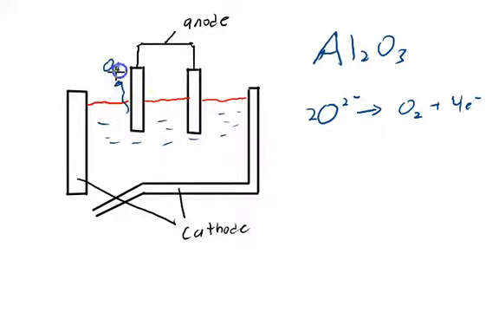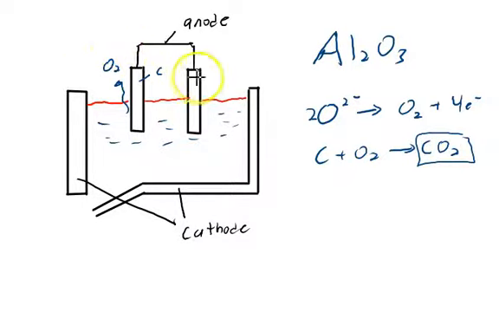Since it is very hot, it might react with the rod, which is carbon, so it will give you carbon dioxide. Eventually the rod over here will begin to get thinner, reducing in mass.